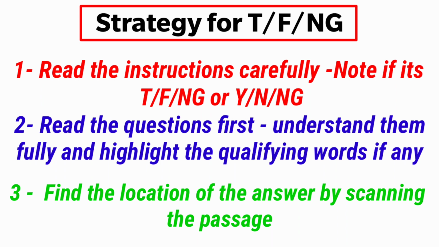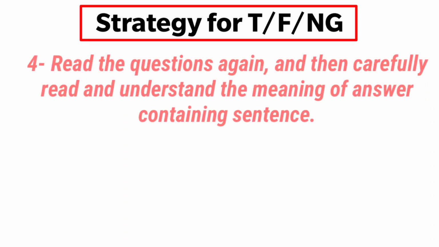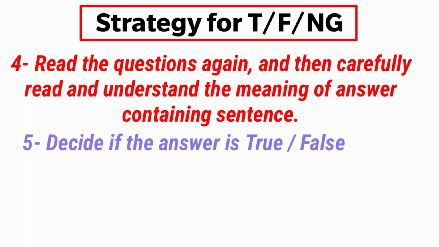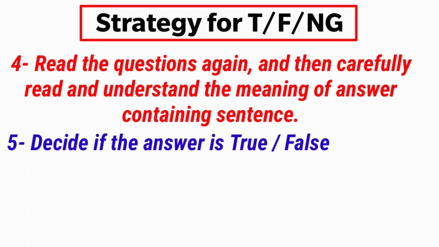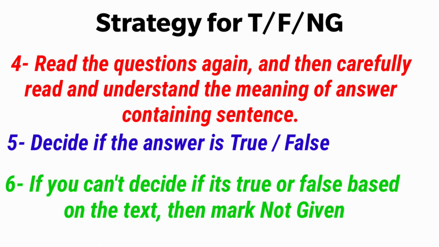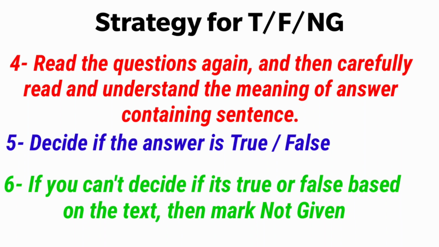Fourth point is, read the question again, then carefully read the answer containing sentence. Fifth point is, decide if it's true or false. In the sixth point, if you can't decide or find the answer, then it's a not given. So move on and don't waste your time.